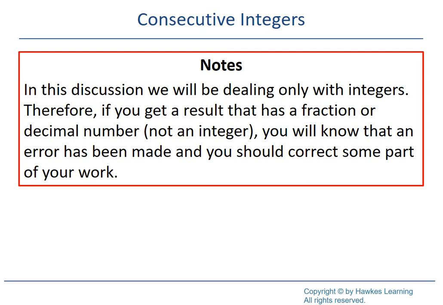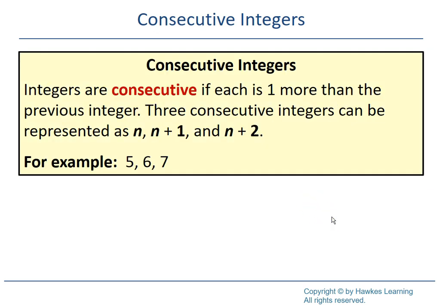So if you're dealing with consecutive integers, they're giving you this thumbs up here that you will not be getting fractions. Fractions are not integers. So if you have a fraction, you realize you made a mistake somewhere. This is a direction to check out your work. But let's give you some background on this.